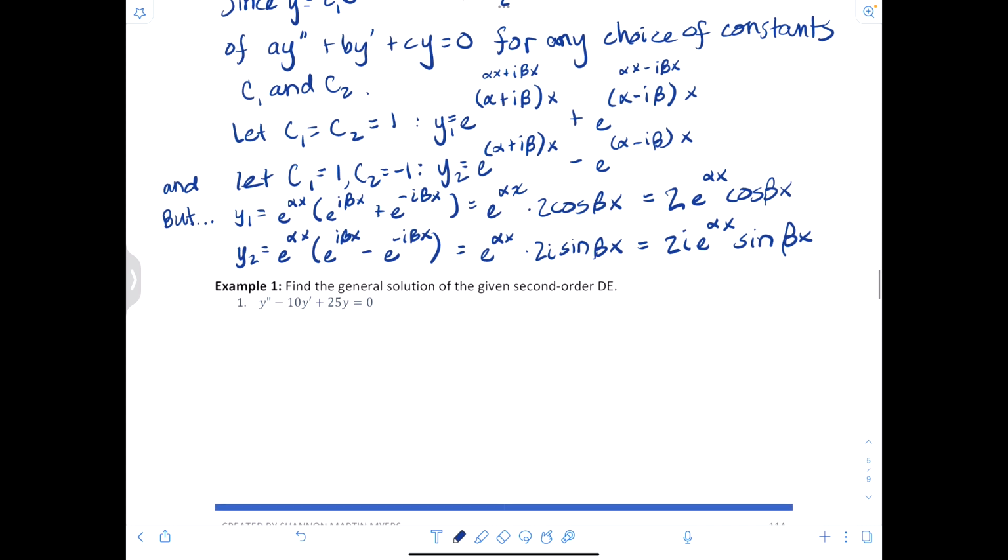Well, a constant multiple of a solution of a homogeneous linear DE is also a solution.